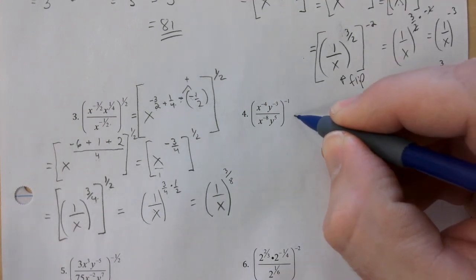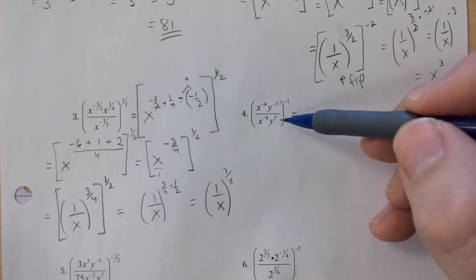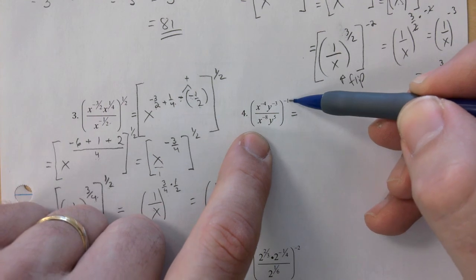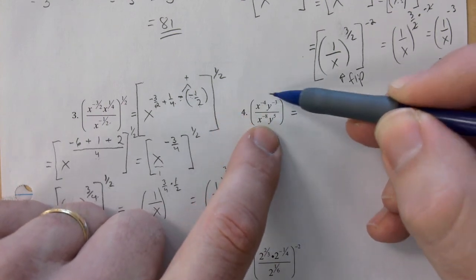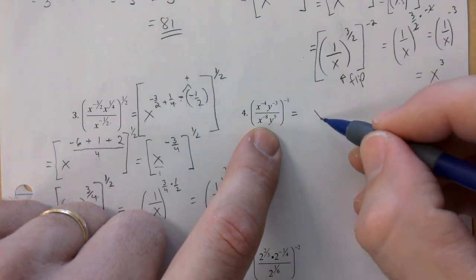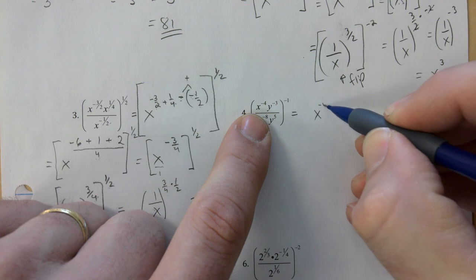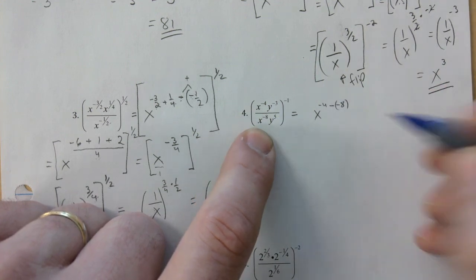Okay, next. Question 4. I know the -1 is there. Some folks like to address that right away, so they flip the whole thing. I try to not do that. I try to stay inside first. So -4 minus -8, okay?